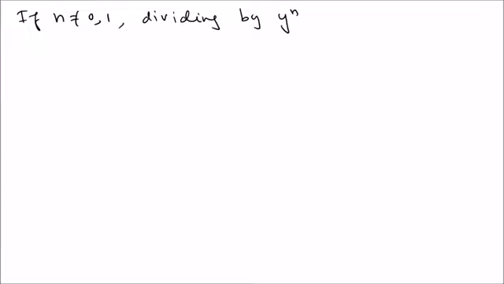If you divide the equation by y^n, you're going to get 1 over y^n dy/dx, and then here you're going to get p(x) y^(1-n), because we can divide by y^n. We already have one y term, so it becomes y to the 1 minus n. On the other side, it becomes just q(x).